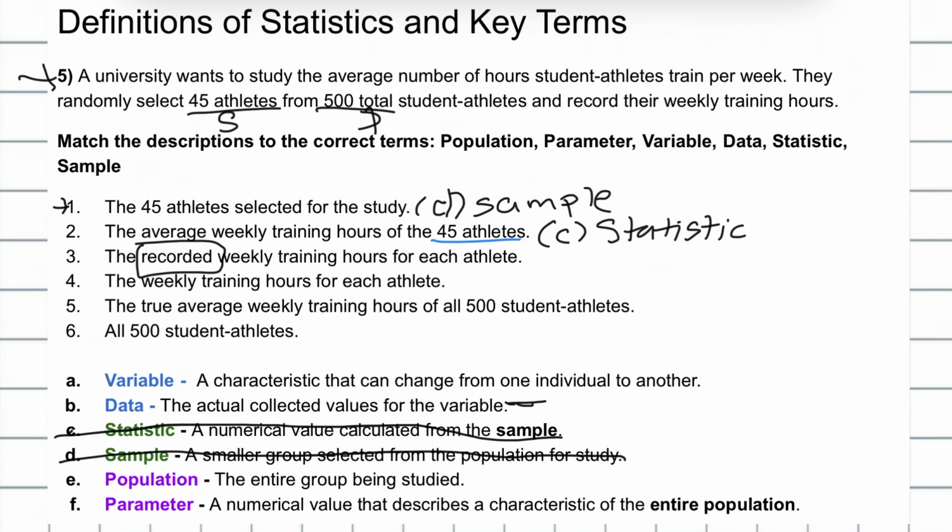Recorded and observed are keywords for data, and therefore this answer is going to be B, data.